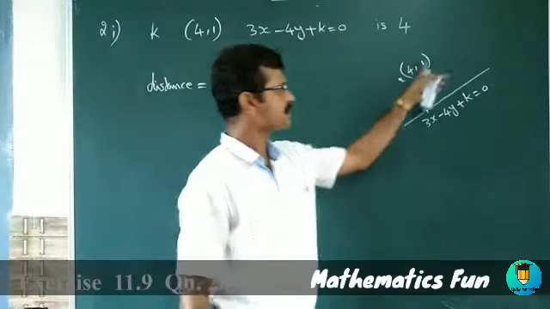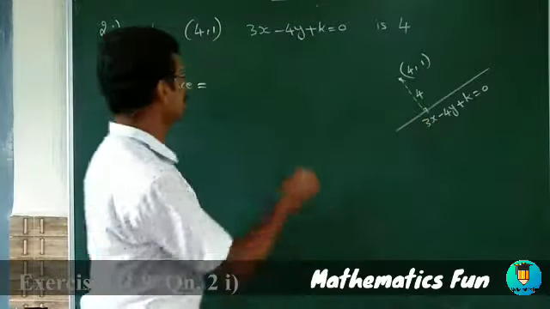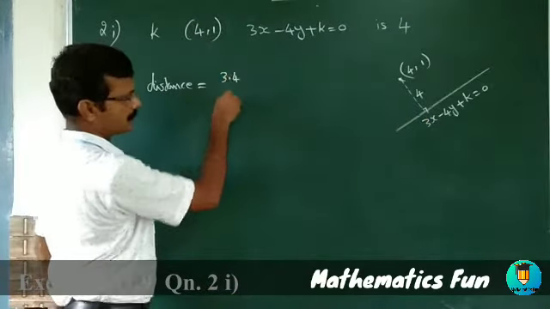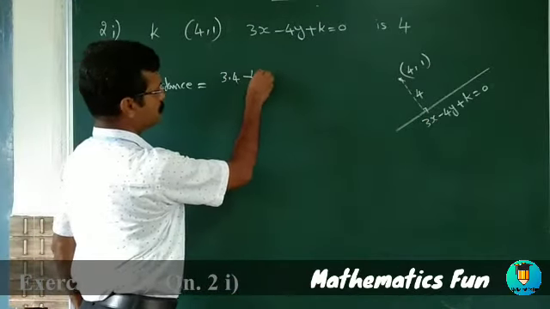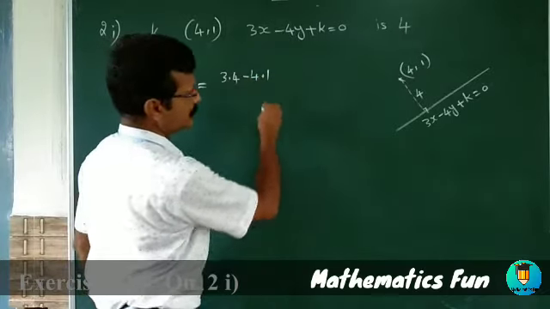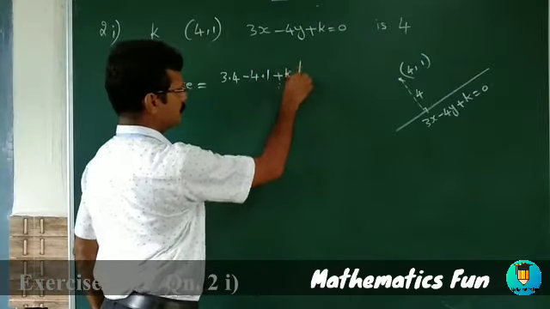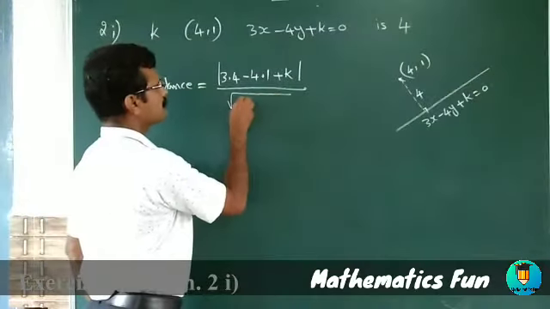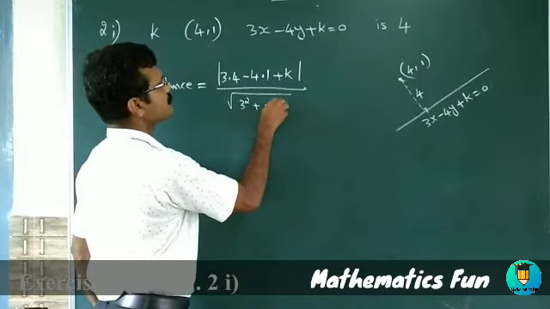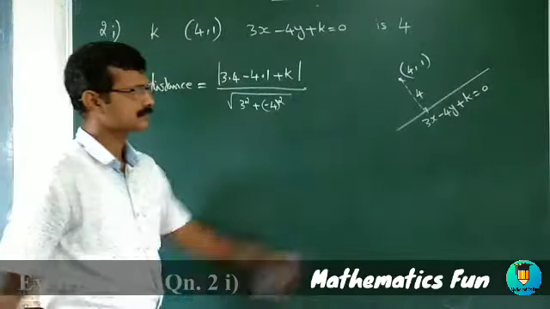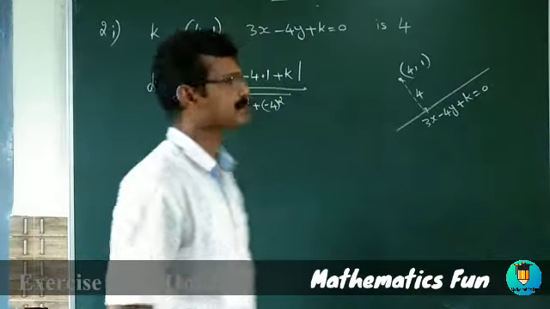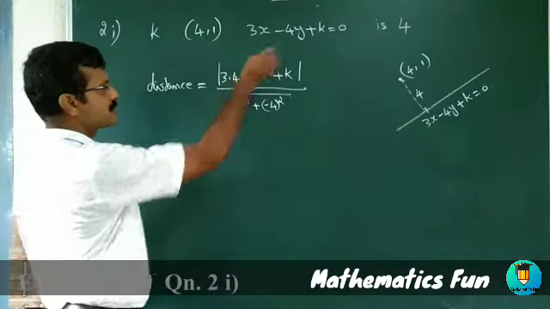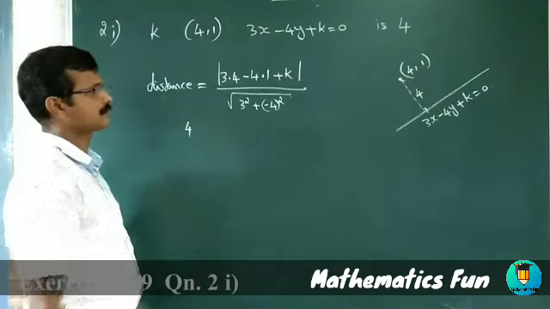What we should do is substitute this point here. So it will come 3 into 4 minus 4 into 1 plus k in absolute value, divided by under root 3 square plus minus 4 square, under root a square plus b square, and the distance is already given 4.